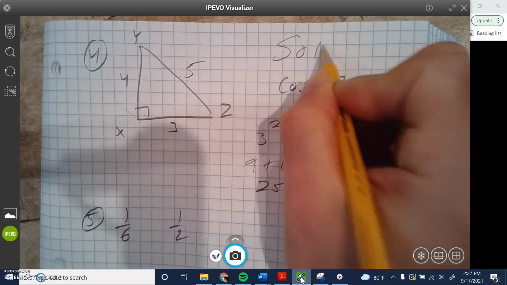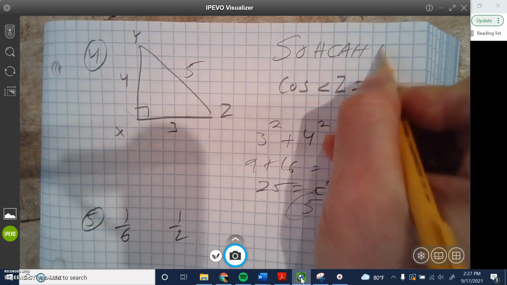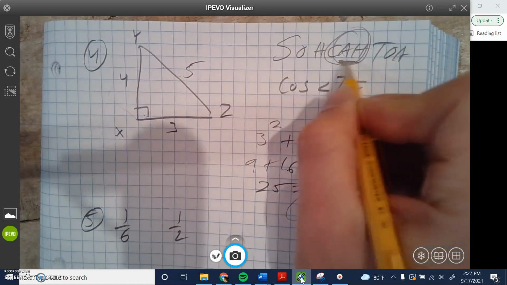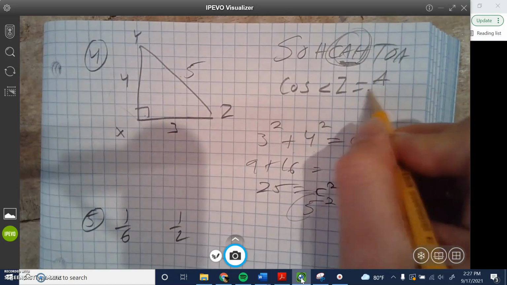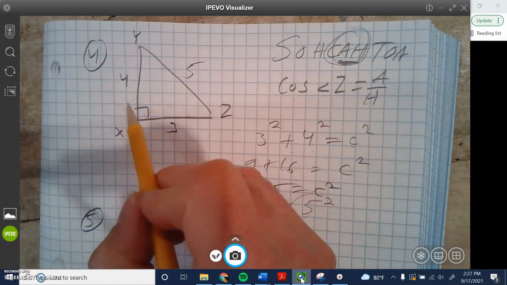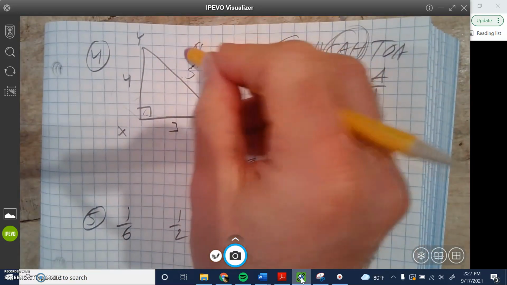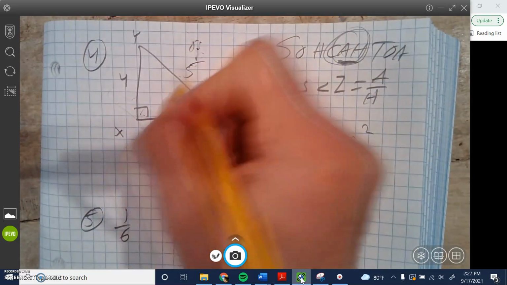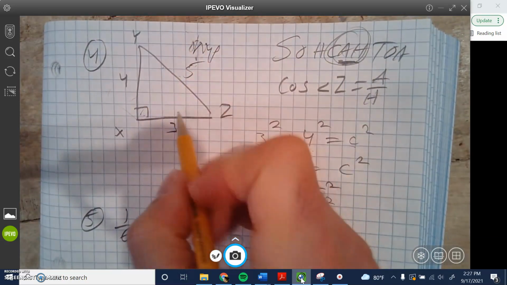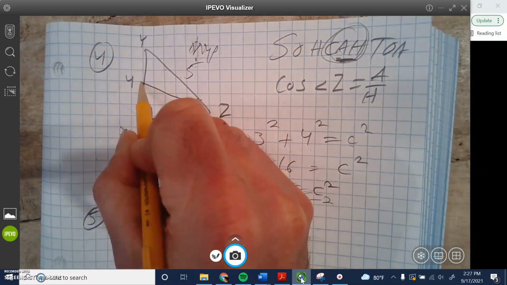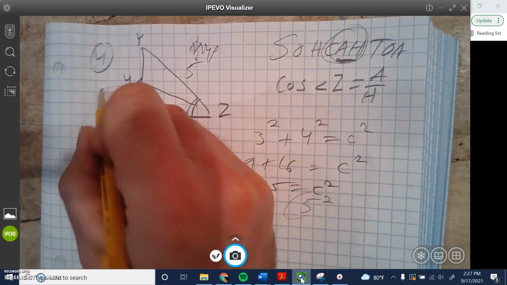Okay. Next. SOHCAHTOA. Write it in. Cosine is adjacent over hypotenuse. So I'm going to go opposite here. No, that's not opposite. My bad. That's hypotenuse because it's opposite the right angle. And I'm looking at angle Z, so this is my reference angle. So straight across, this is going to be opposite.